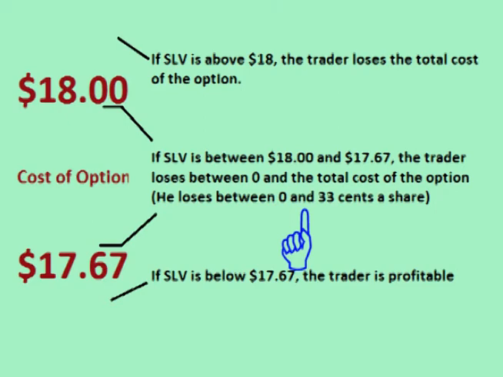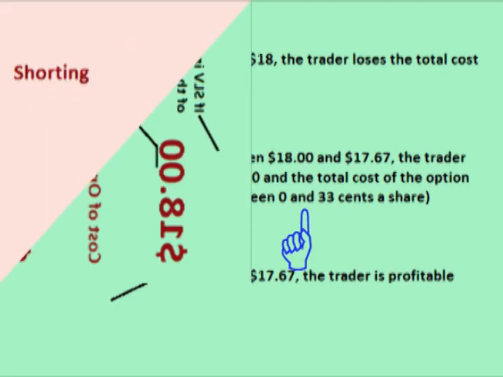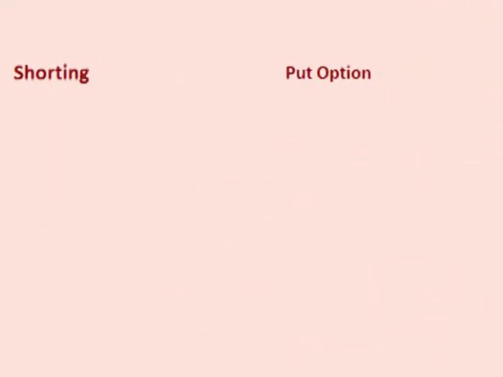He buys SLV at the current price of between $17.67 and $18 and sells it for $18, making the difference between the two. However, the amount he makes is less than the 33 cents upfront cost he paid, so he loses some money, but not the whole 33 cents a share he would lose if SLV was at $18 or higher.